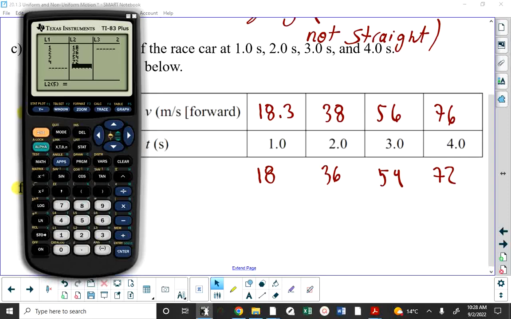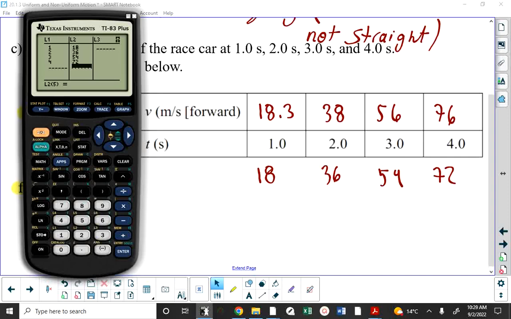I'm hoping that if we do this kind of procedure with the lists and the graphs and the equations on the calculator enough times, it'll sink in. So what's involved in looking at the graph of this data? Two things.